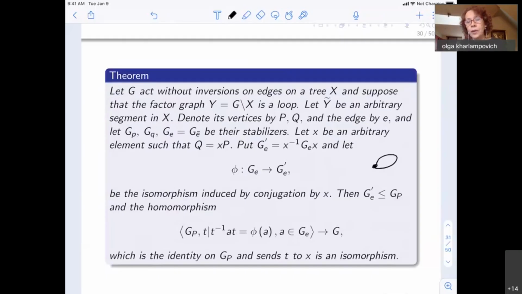So if the group acts nicely on a tree, and the factor graph, the graph of orbits, is a loop, then the group is an HNN extension. Again, it is an HNN extension of the stabilizer of an arbitrary vertex by letter T, and the associated subgroup is the stabilizer of the edge. Okay, so now we've done amalgamated products and HNN extensions.